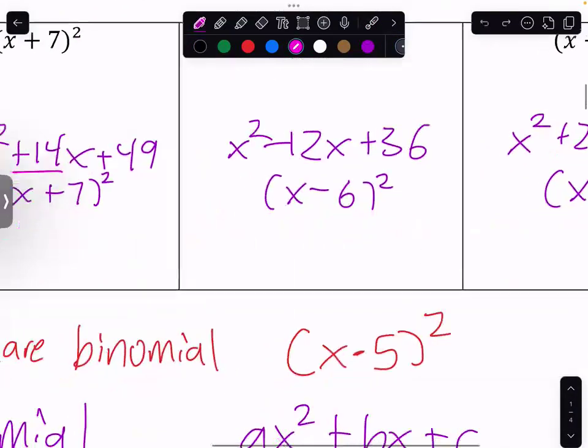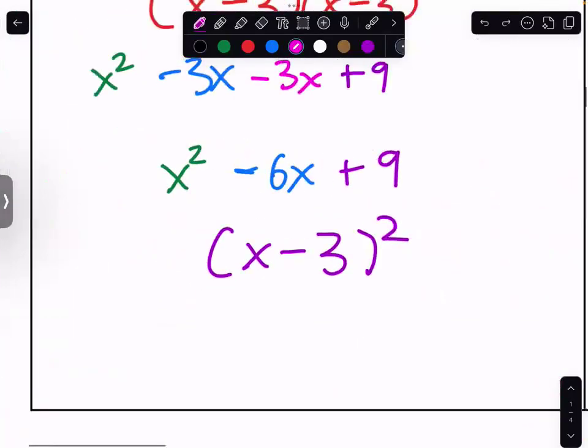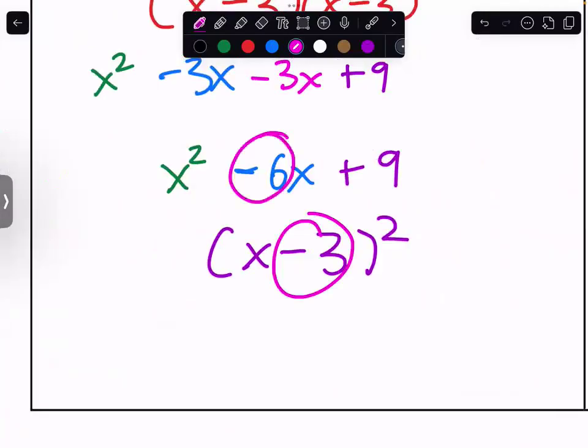Okay, so yeah, that's good. So we could also do it the other way, right? We could also say that this number is this number divided by 2. Okay, so that's the way that I'll phrase it. But yeah, the b value divided by 2 equals the number in the parentheses.